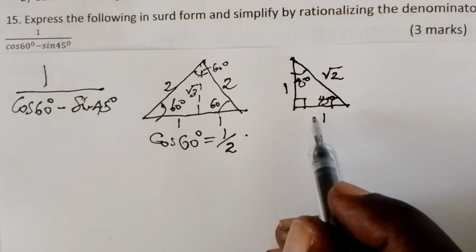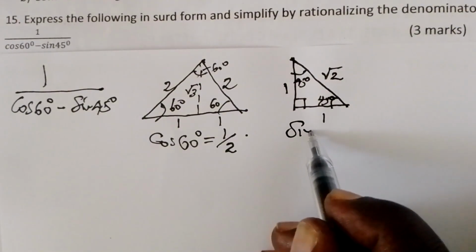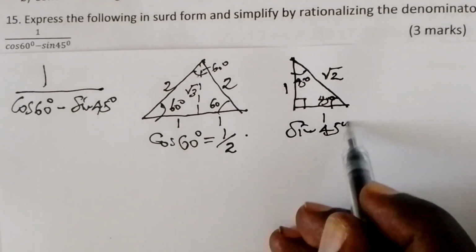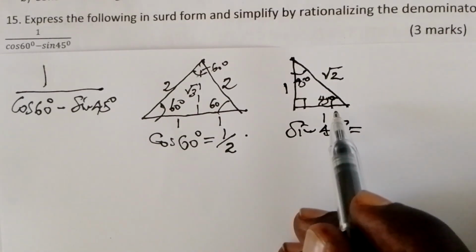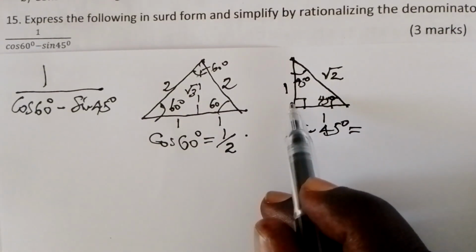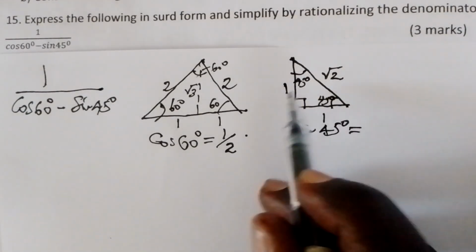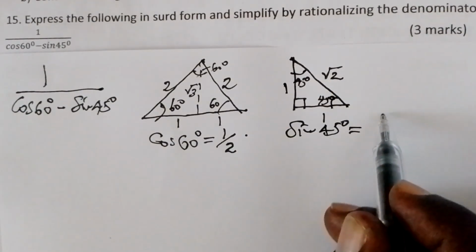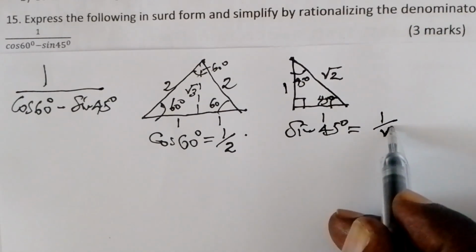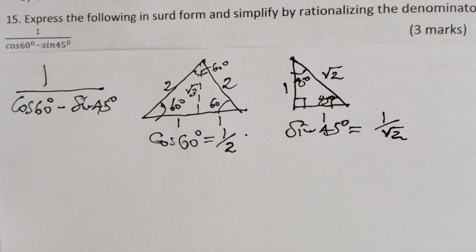So the sine of 45 degrees will be given by opposite over hypotenuse. So this is 1 over root 2, like that.